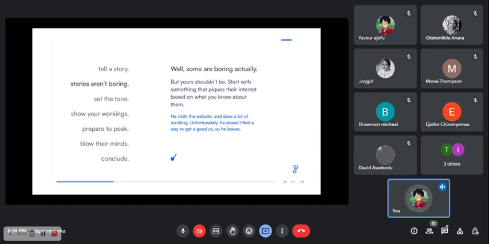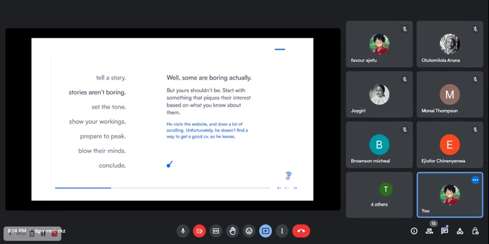Now, we talked about our previous guy, Luffy, who has issues fixing up his CV. Let's assume that Luffy visits a particular website and he does a lot of scrolling. He's coming there because he wants to write a good CV. He probably has tried it on his own, but it's not working. Unfortunately, after visiting this website, he's not finding a good way to get the CV.